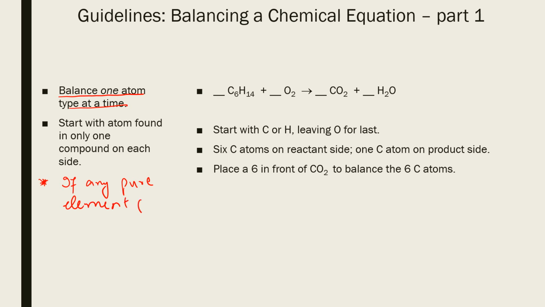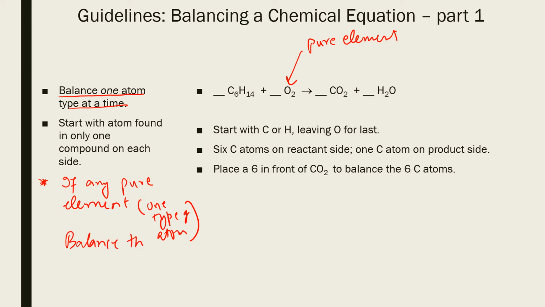Pure element means one type of atom. For example, in this case, oxygen is a pure element because it's made up of only oxygen. So balance that atom at the end.